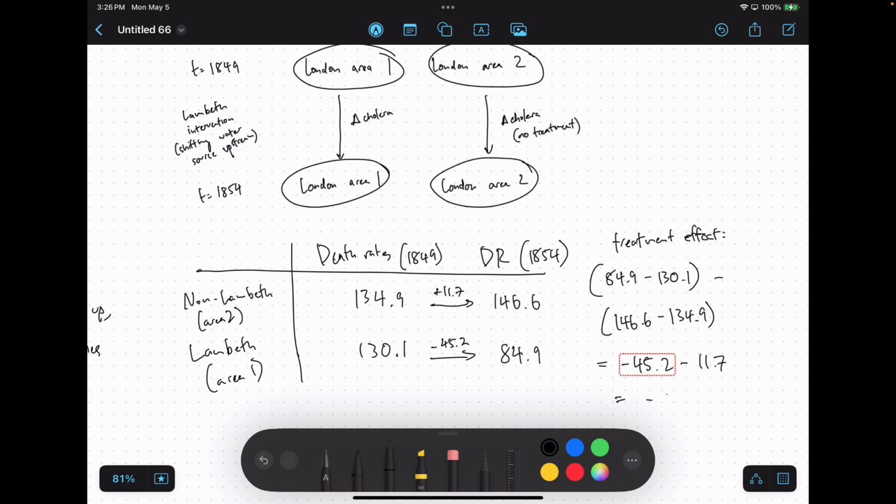So our treatment actually yields a change in death rate of 56.9.